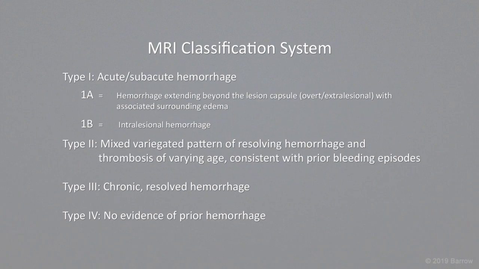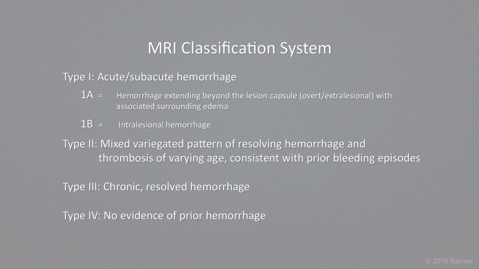Type 1 lesions are those with acute or subacute hemorrhage, and these are broken down into type 1A and type 1B. Type 1A lesions have a hemorrhage that extends beyond the lesion capsule and is associated with significant surrounding edema. Type 1B lesions are those that have acute or subacute intralesional hemorrhage but do not extend beyond the lesion's capsule.